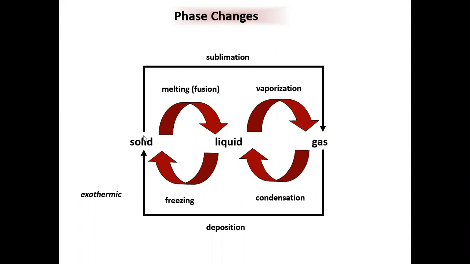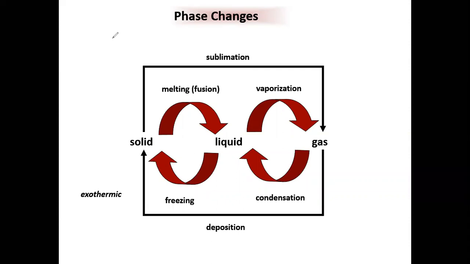So here, for example, solid, liquid, gas, on the top of the diagram, these are endothermic phase changes. So endothermic means it requires energy. So in order to go from a solid to a liquid, you have to absorb heat. When you go from a liquid to a gas, you have to absorb heat.